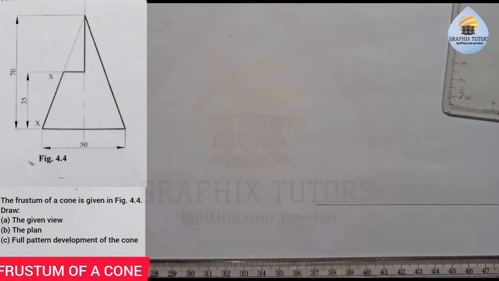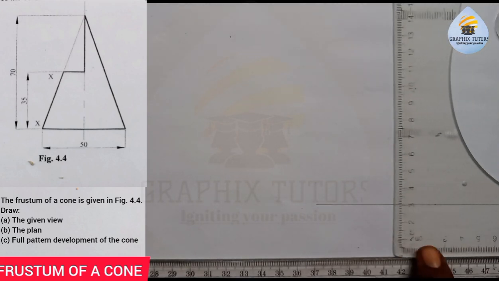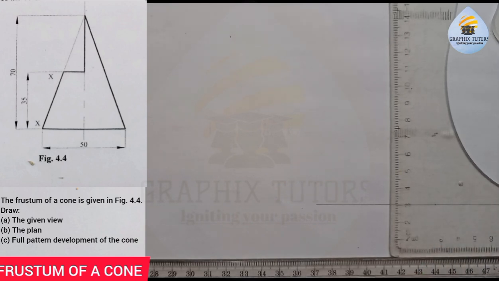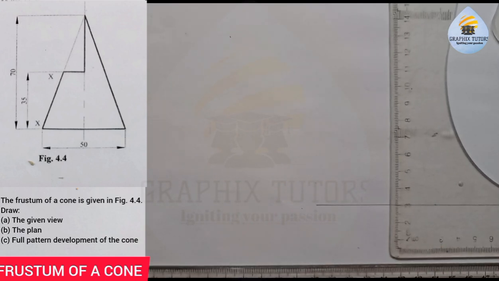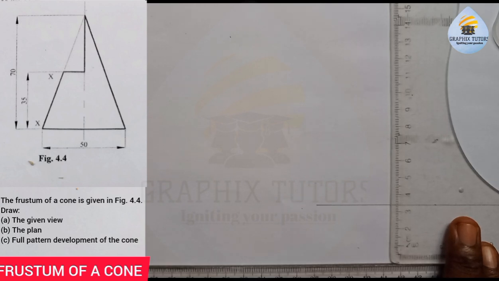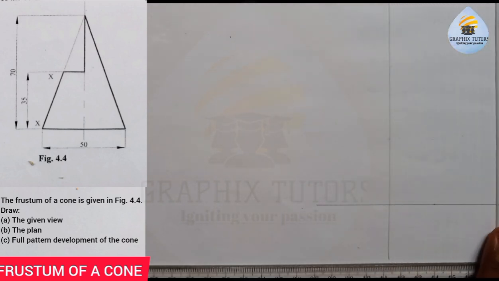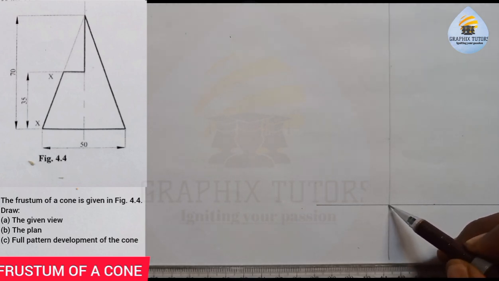You can see that. Then after that, I'm going to draw a vertical line also in that manner, this way. You can see that, and this is where they are meeting.